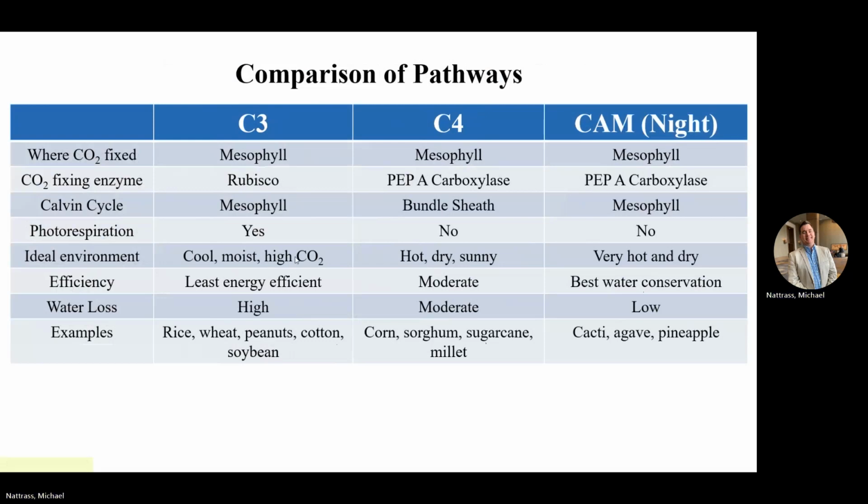List an example of a C3, C4, and CAM plant. I feel like this particular portion of the module is going to be the portion where you're going to have to explain that to me.